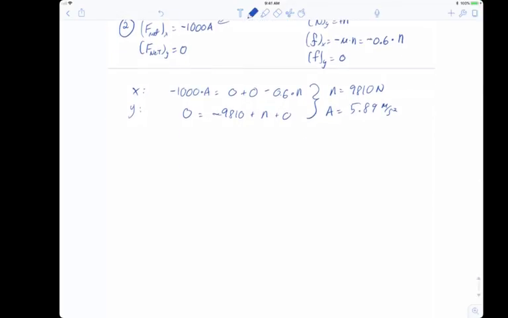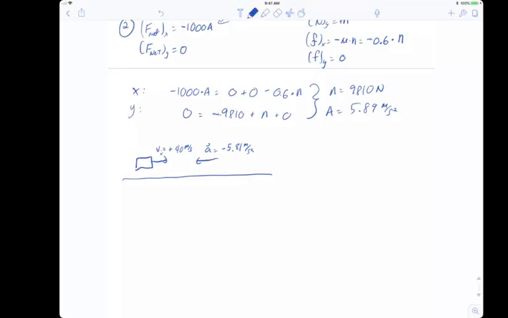Okay, now we're going to put it to use. I know I have an object. Its initial velocity is plus 40 meters per second. Okay. And I know that its acceleration is in that direction, minus 5.89 meters per second squared.